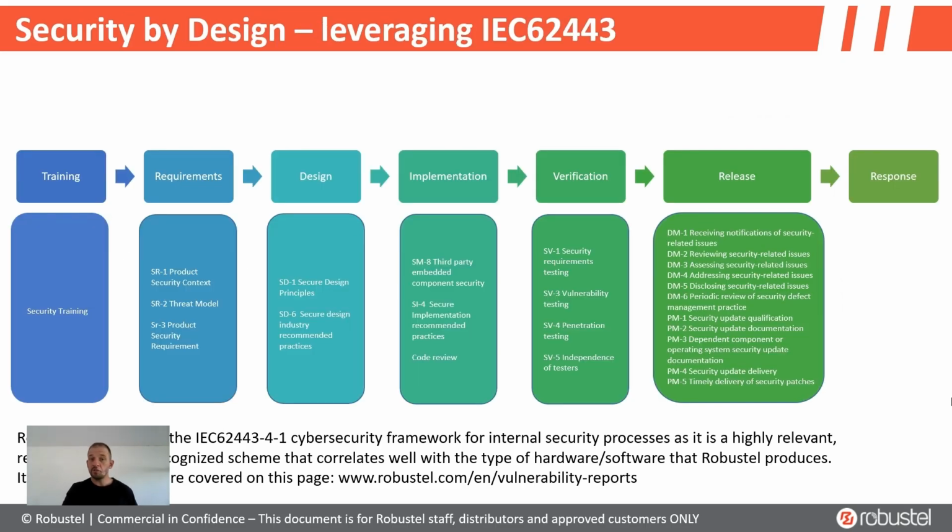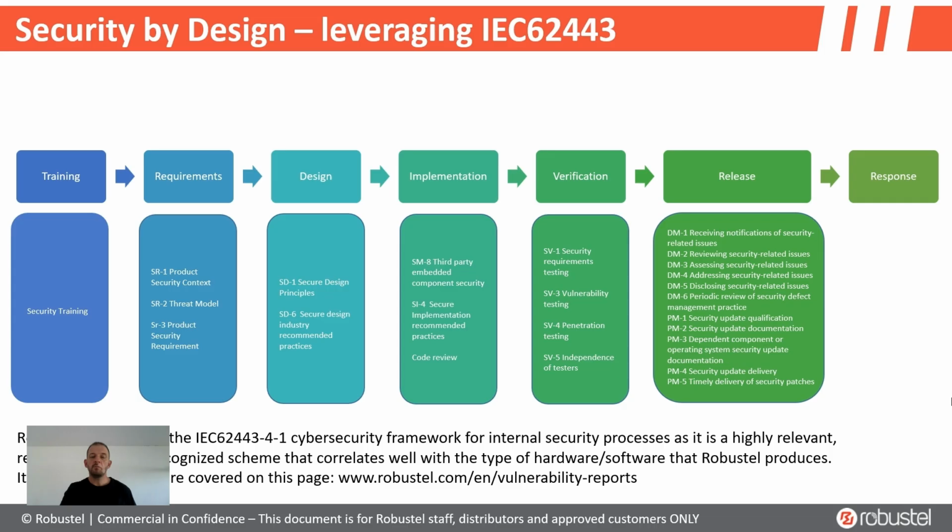So I'm going to whiz through these very quickly. Anytime you need to speak to Robustel about any of these topics in depth, you can, of course, contact them anytime. So first things first, there's plenty of standards to choose from, but 62443 is an obvious contender for Robustel.